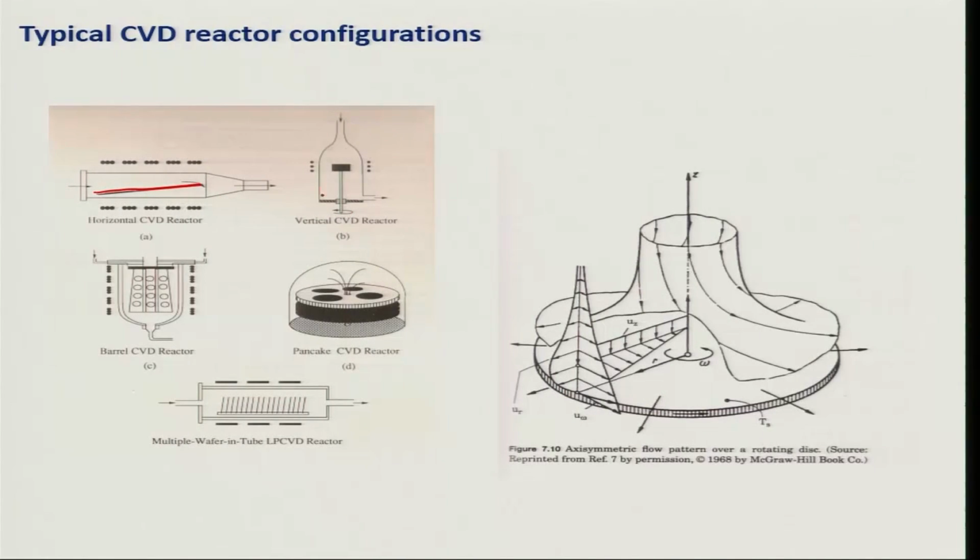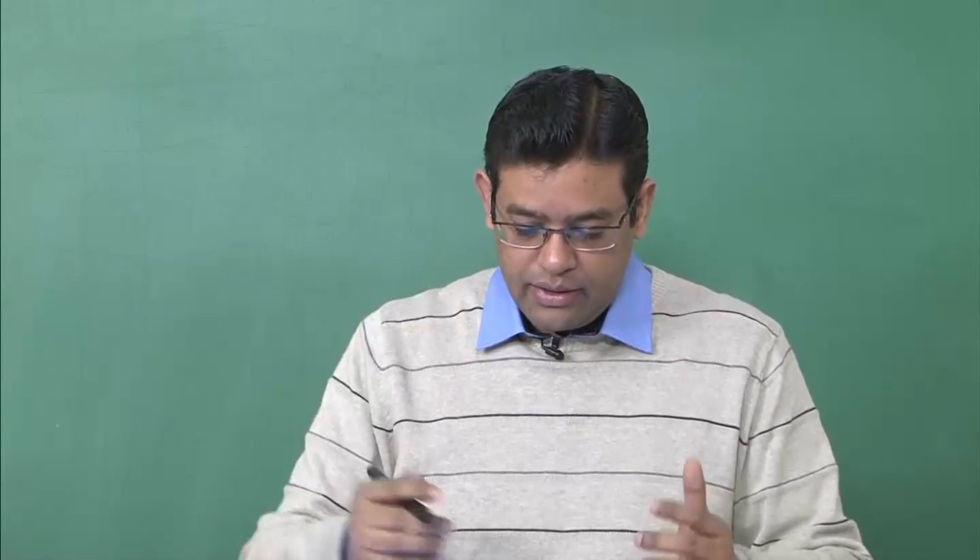You can also have a vertical CVD reactor where your substrate is kept here and it is heated inductively to raise the temperature, and the gases come from the top. You can also have a barrel type CVD reactor where you have a barrel and the substrates are kept one after another, gases come from the top and they react.